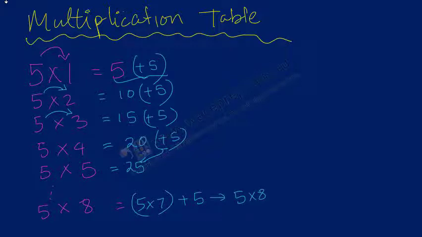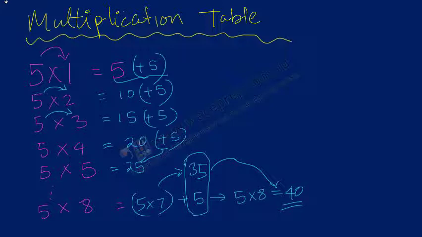Now 5 times 7 is 35. When you add 35 and 5, you get 40. Let's put it here, and that is the answer to 5 times 8.